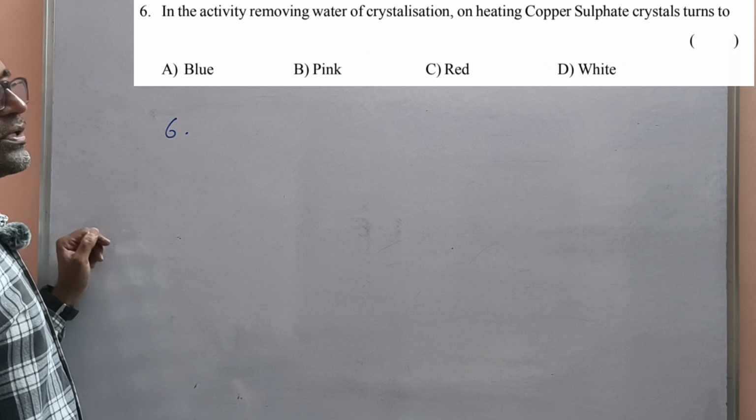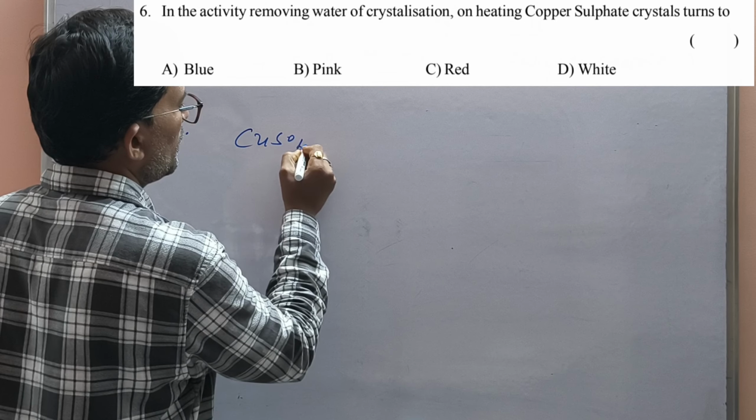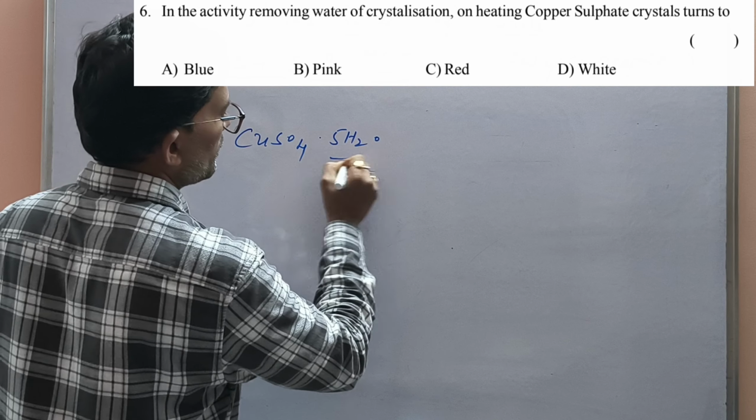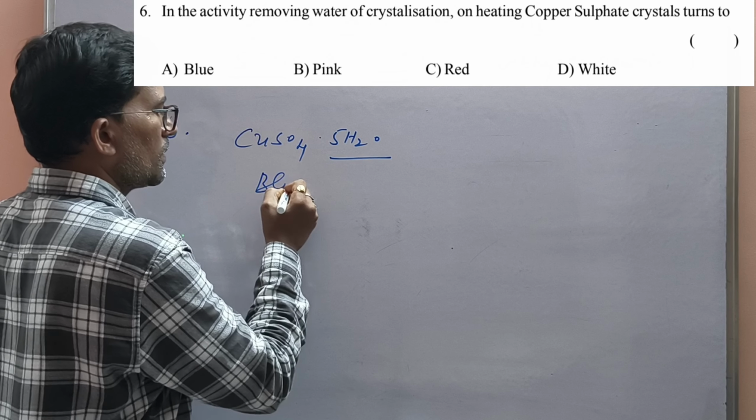In the activity removing water of crystallization, the copper sulfate salt, copper sulfate with 5 molecules of water, is blue in color.